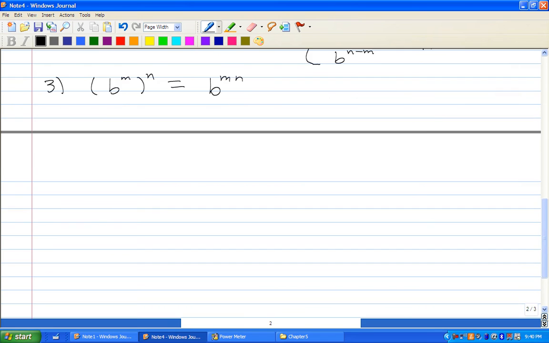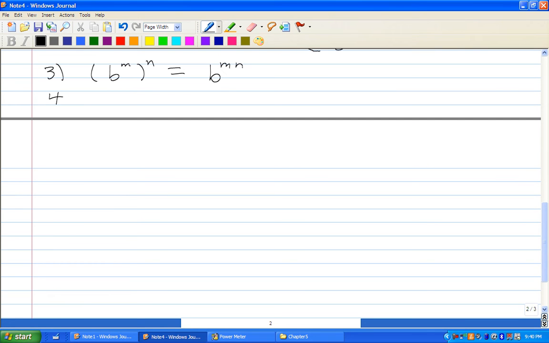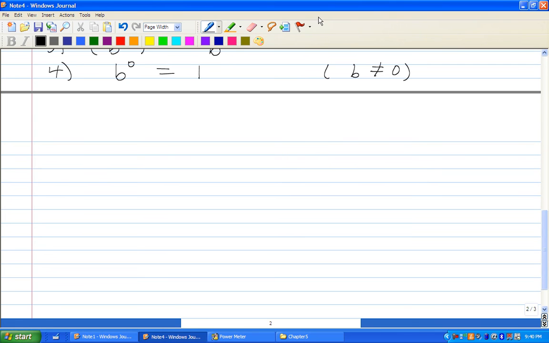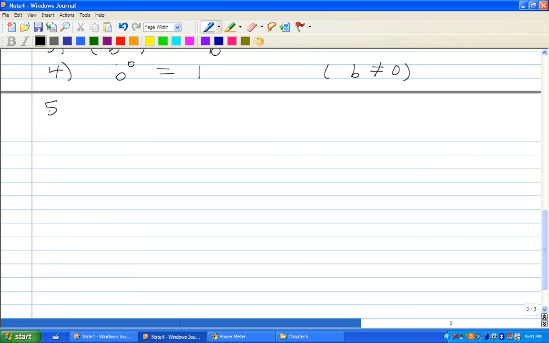Next, b to the 0 is 1, so long as b is not 0. Next, b to the 1 is b.